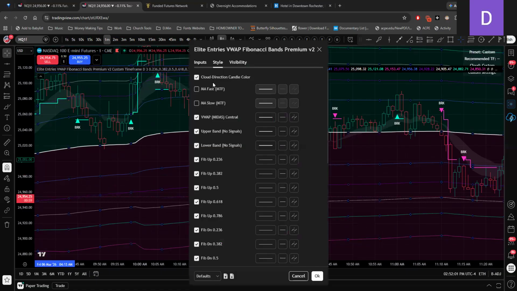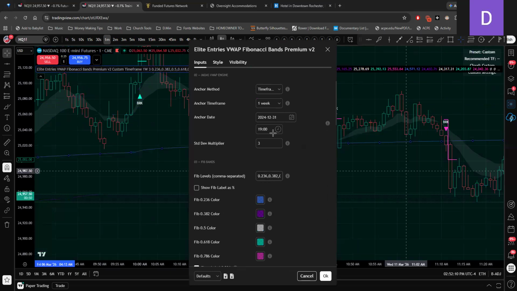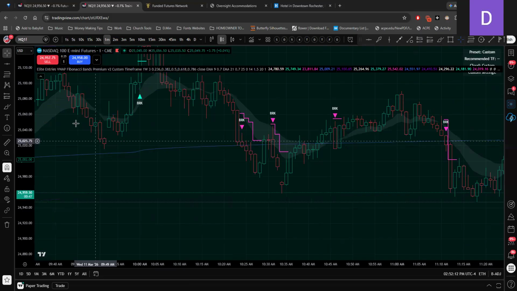Me personally, I like to have it on the weekly time frame. This is just how I like to trade this indicator.